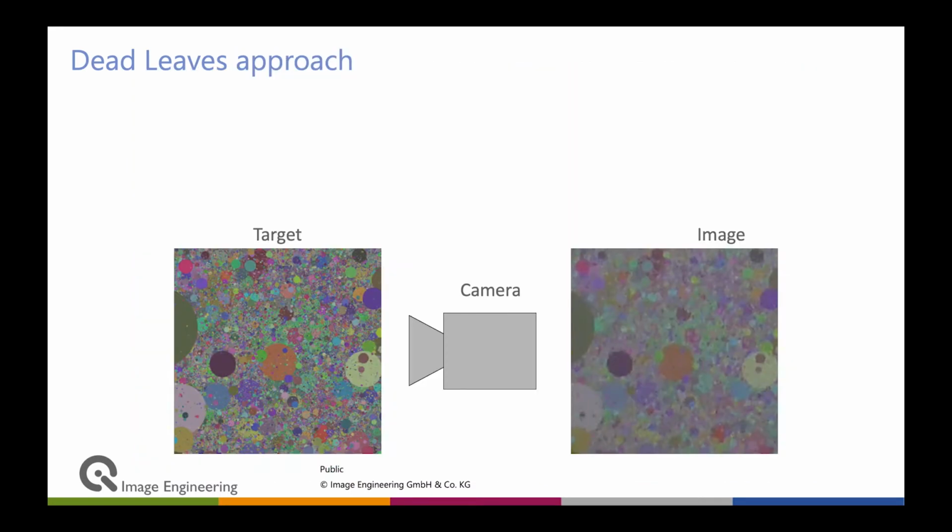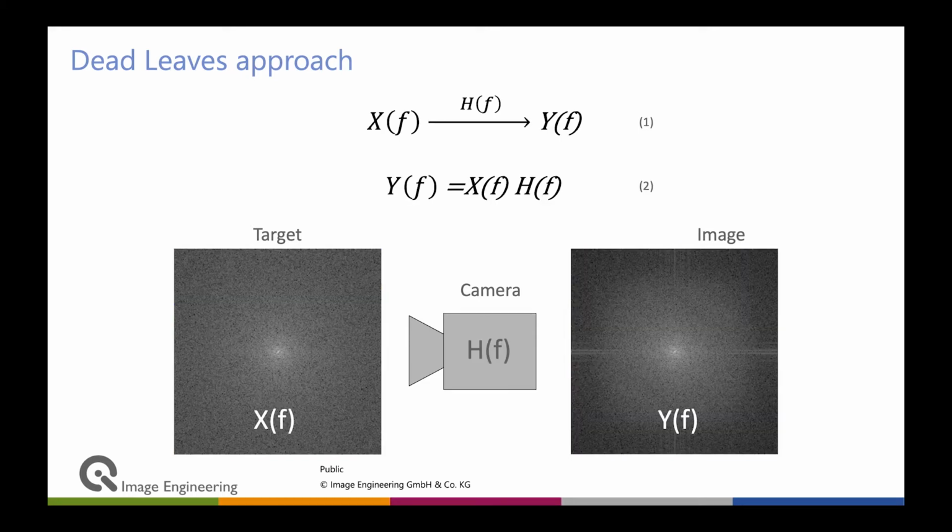The original idea of the dead leaves measurement was that you reproduce a target with your camera, and that gives you the image. So in terms of signal theory, we have our target spectrum, X of f, we have our transfer function H of f, and we have the image power spectrum Y of f.